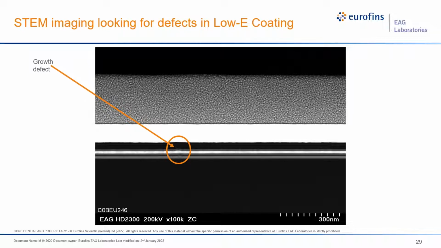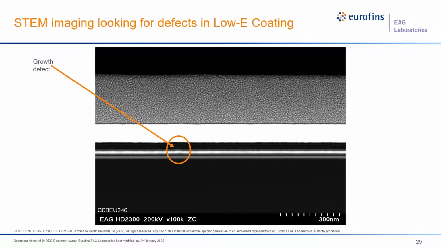This is another low E glass coating. This is a low mag image. You're looking for gross defects. When we zoom into this area, we find that there are some defects that can be seen. This is a Z contrast, so the shades of darkness give you a hint of what the elements are.